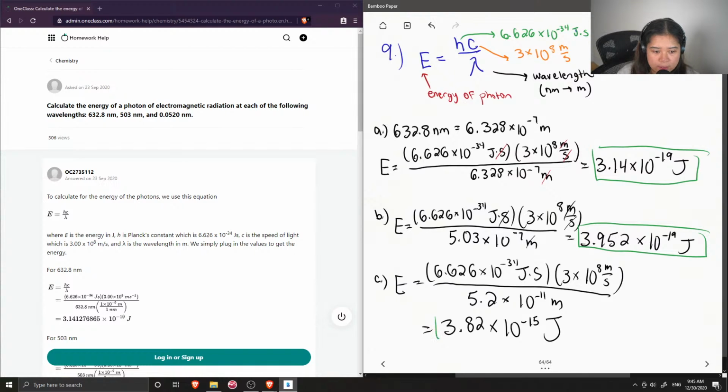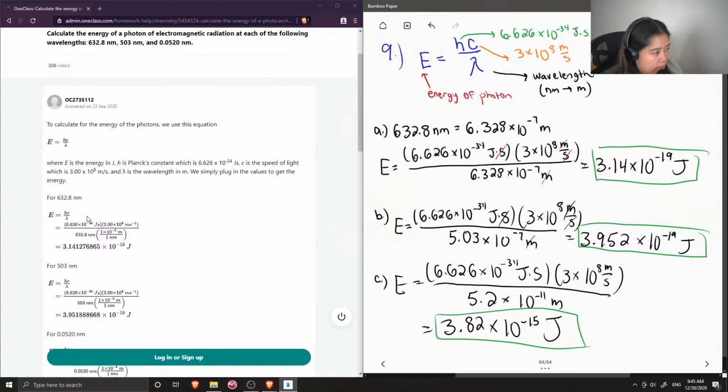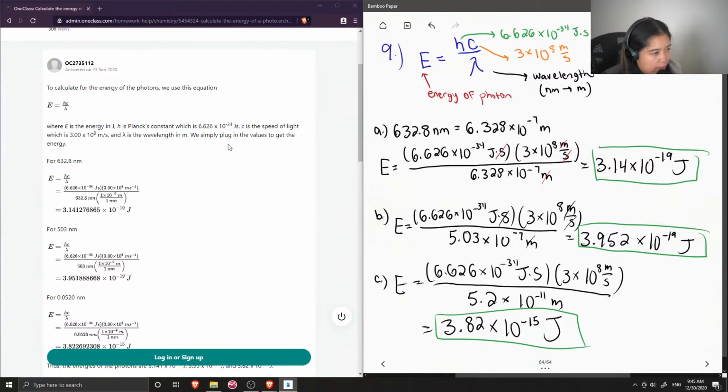Now we can see what the junior tutor said. To calculate for the energy of the photons, we use the equation energy is equal to Planck's constant times the speed of light divided by wavelength. Simply plug in the values to get the energy.